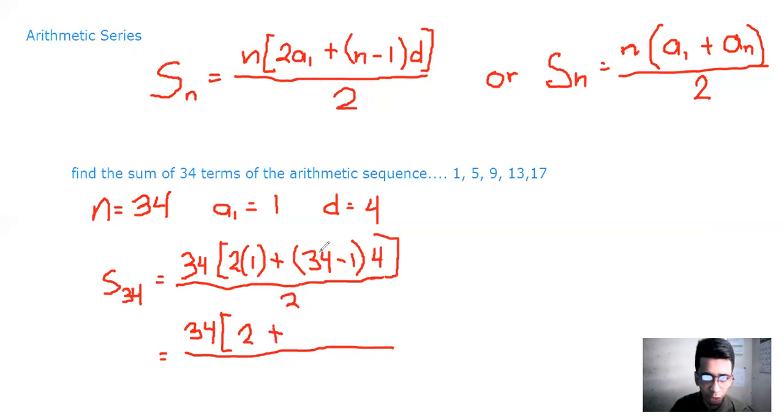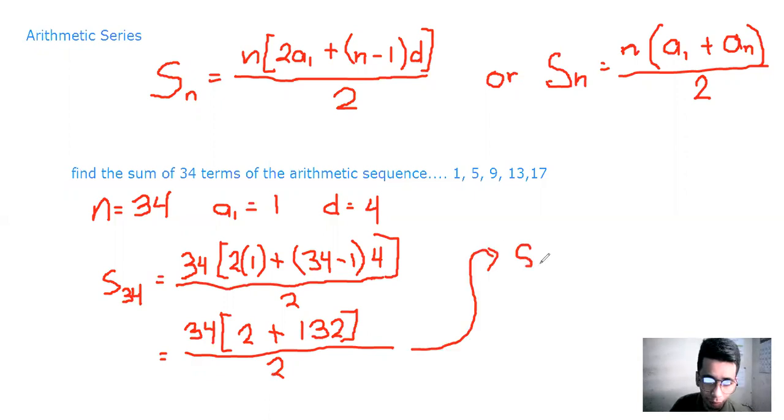Plus 34 minus 1, that is 33. 33 times 4, what is 33 times 4? 132. Okay, 132. So, 33 times 4, that is 132. And over 2. Okay? Then, move natin dito.